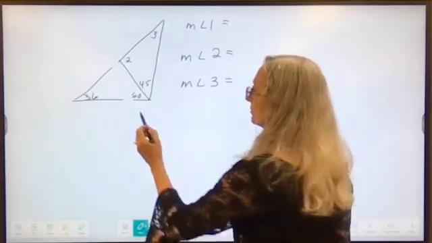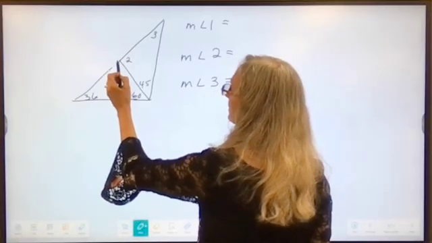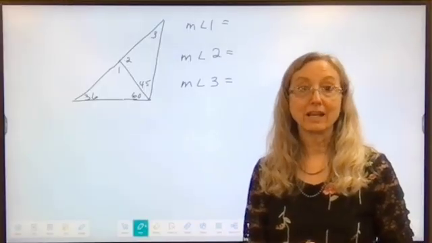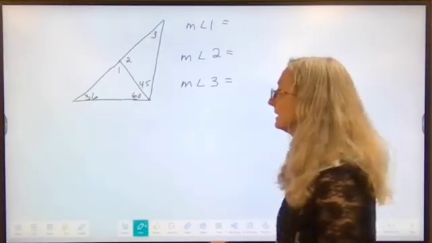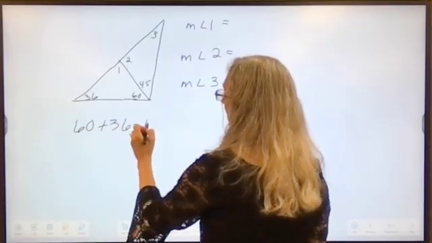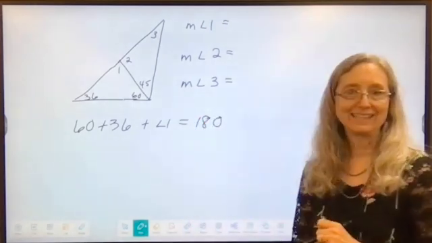So what I need to do then is, if this one is 60 and this one is 36, then they have to add up to 180. So I'll write it out: 60 plus 36 plus angle 1 equals 180.